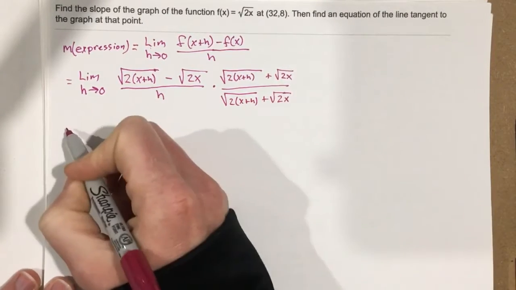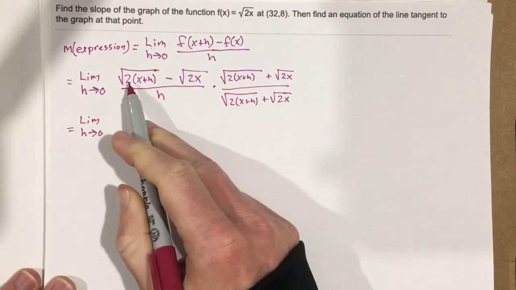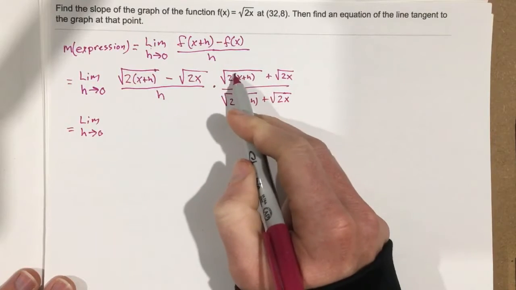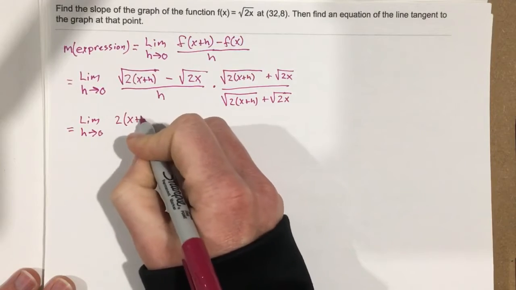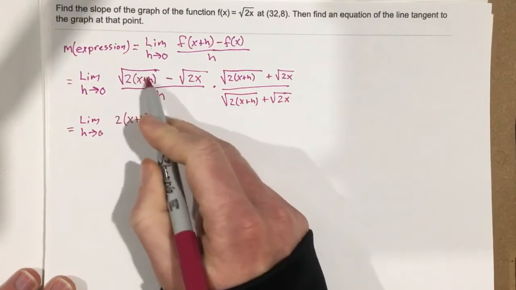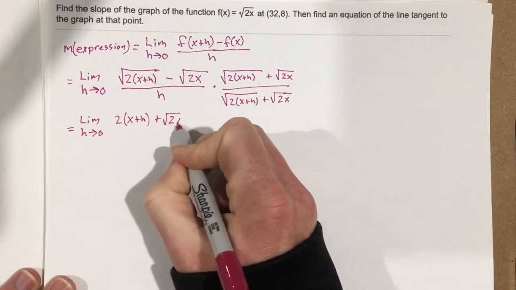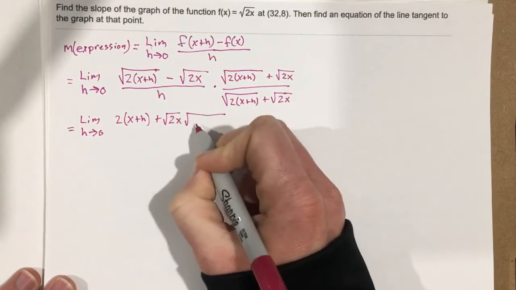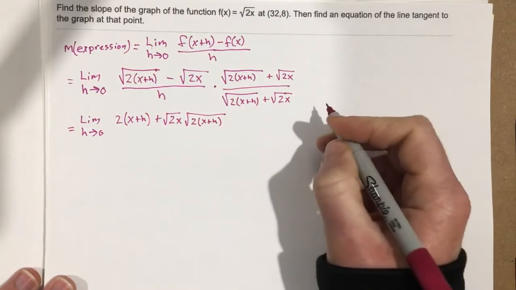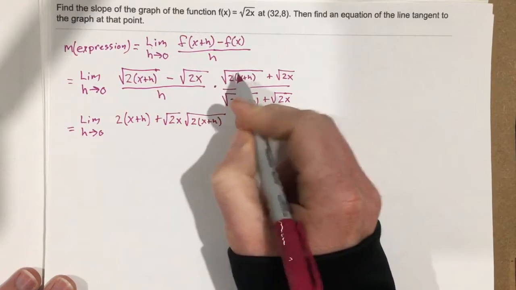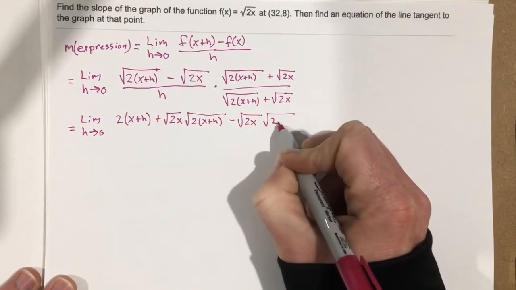On top, when we take the limit as h approaches 0, and we take the root here times this root, the roots cancel, I'm left with 2x plus h. I take this root times this one, and I get positive root 2x root 2x plus h. When I take this times this one here, that's minus root 2x root 2x plus h.